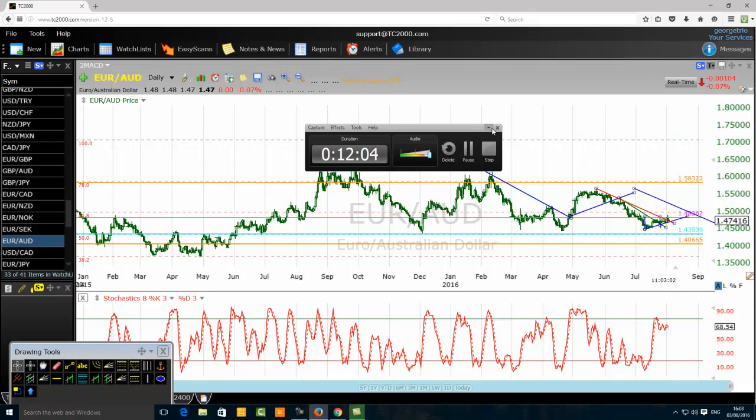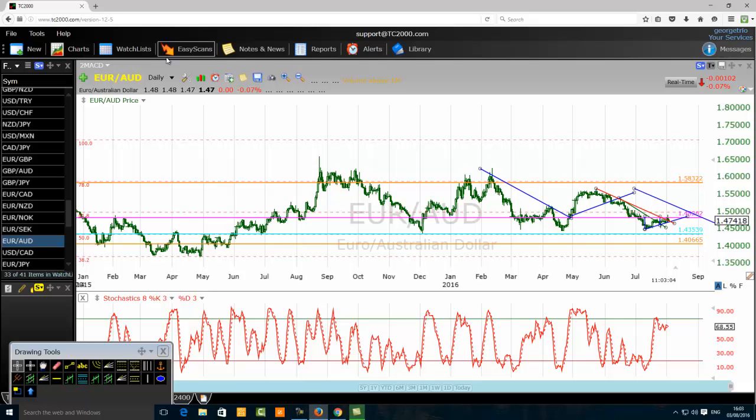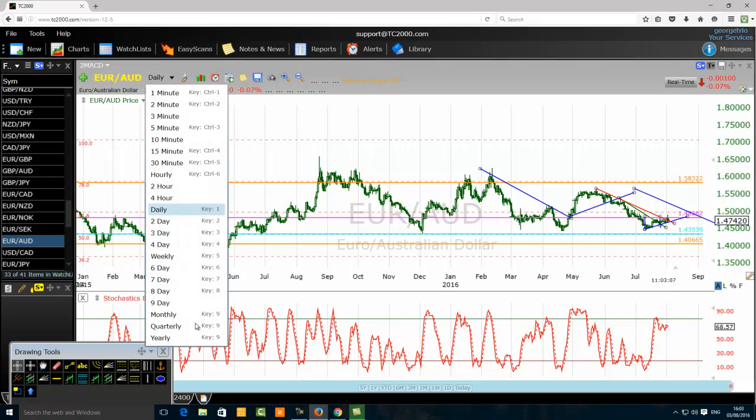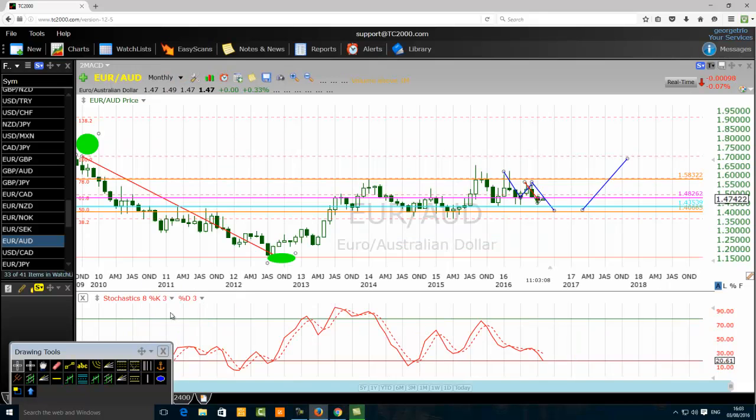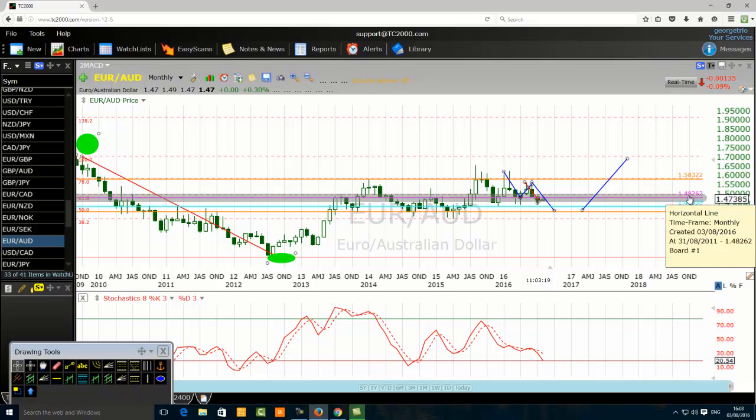So the key levels that the professionals are watching, if I go back again to the monthly chart of the Euro Australian dollar: the high of the consolidation at 15832, the low of the consolidation at 14066, and the median line of the consolidation at 14826.